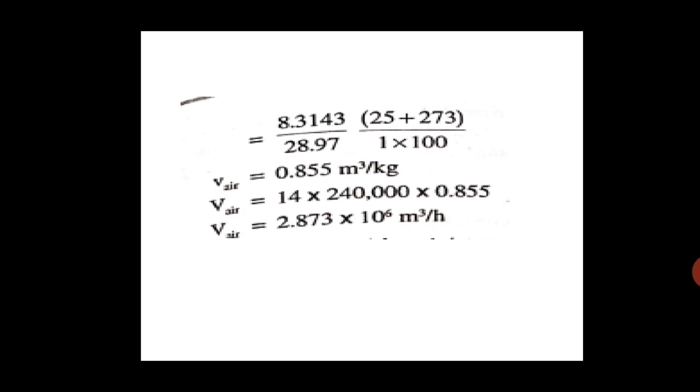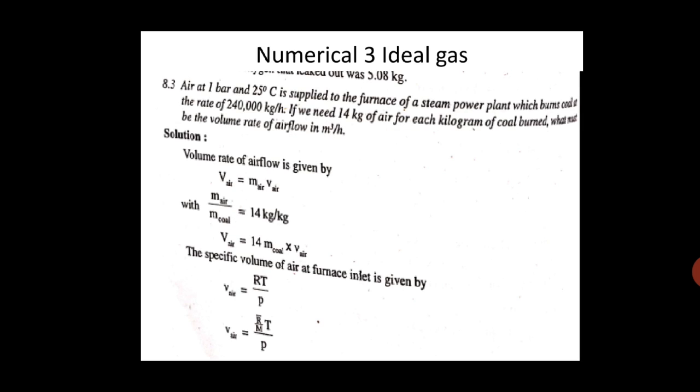So please understand this specific volume we have calculated using the ideal gas equation, that is PV is equal to RT, and we have found R of the air by using the molecular weight of 28.97, and P was 1 bar, so we have multiplied by 100.